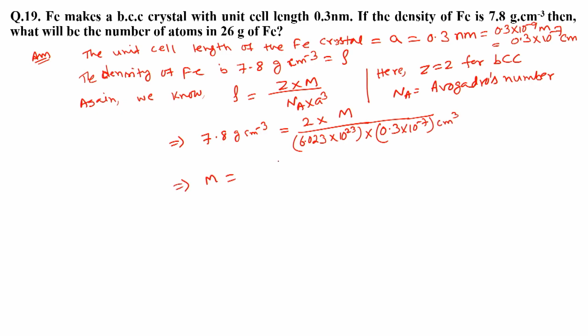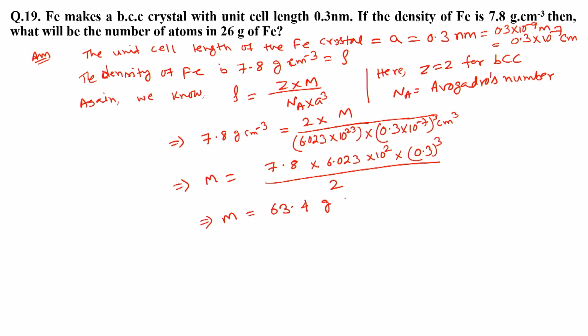The value of m will be 7.8 times 6.023 times 10 to the 23, and you get 10 to the 2, and 0.3 cube, by 2. If we calculate this, we get 63.4 grams per mole. So this is the value of m, the atomic mass.